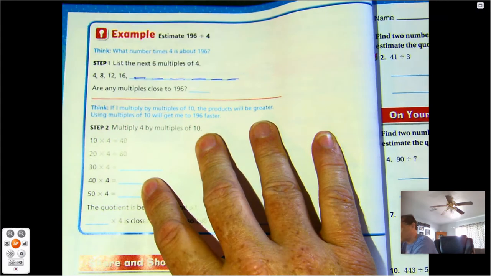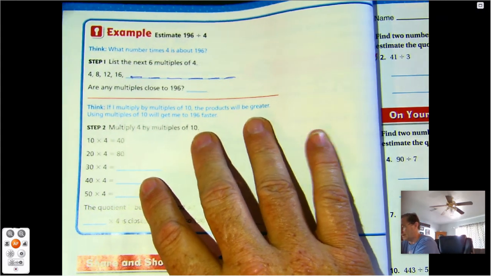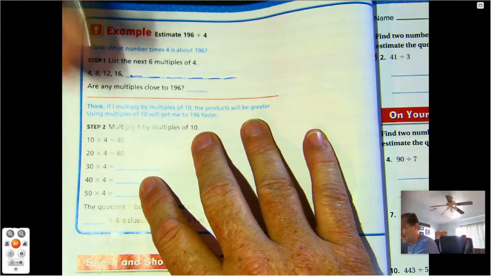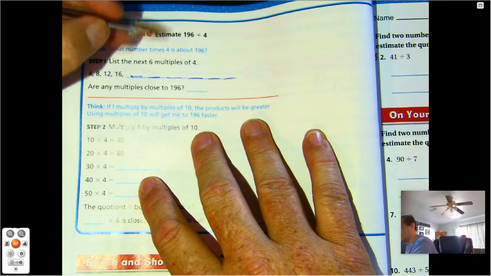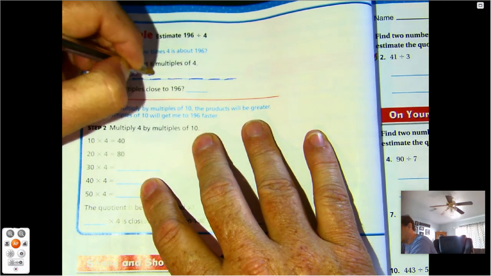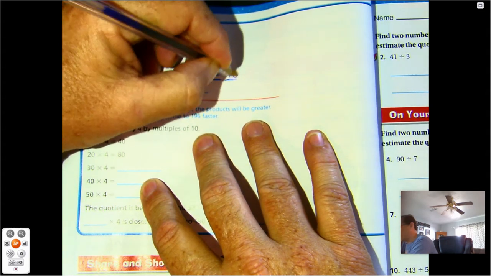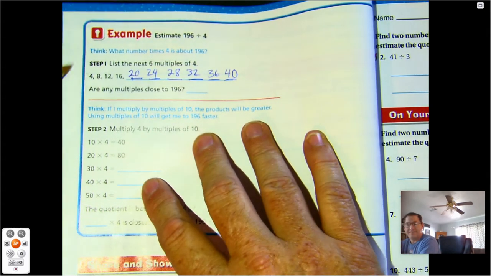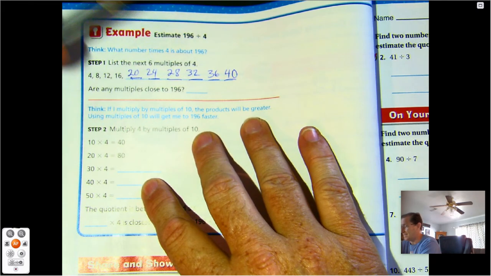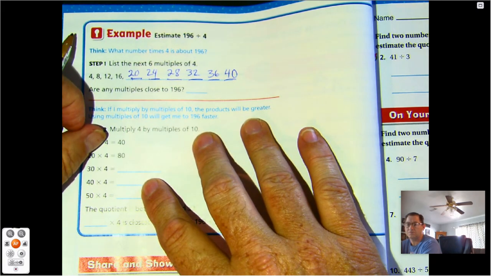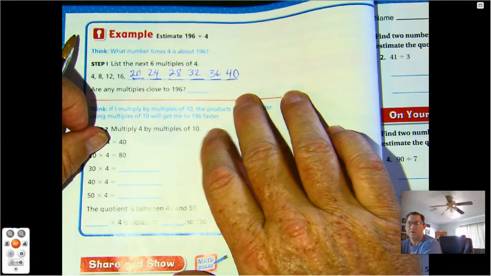I'm just putting the 6 lines so I can focus on counting the 4s. So 16, 20, 24, 28, 32, 36, 40. Are any of these multiples close to 196? Well, no.